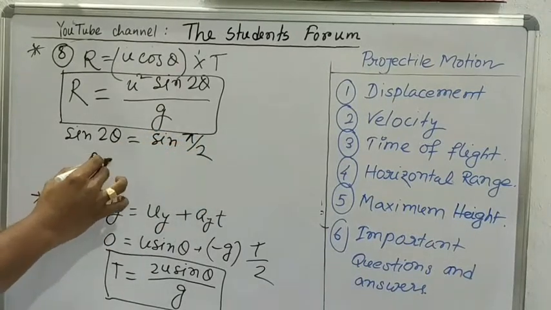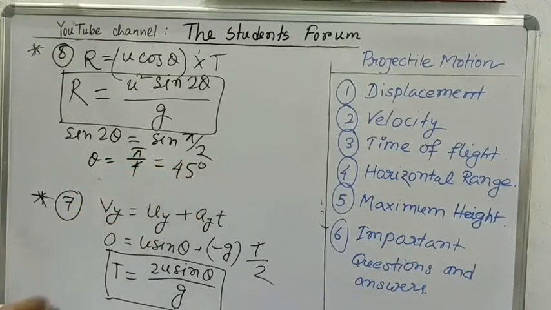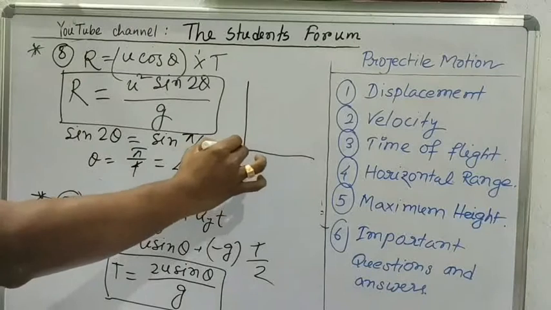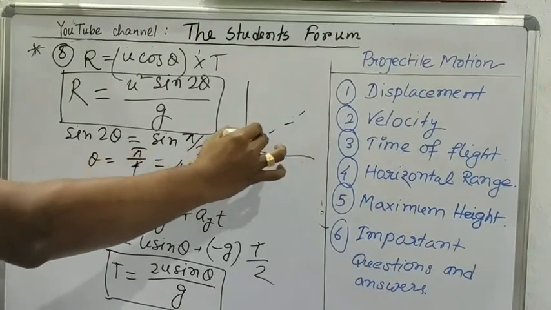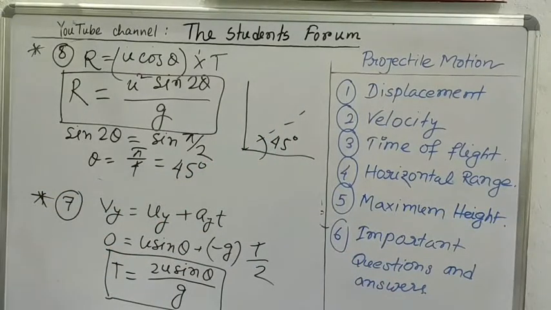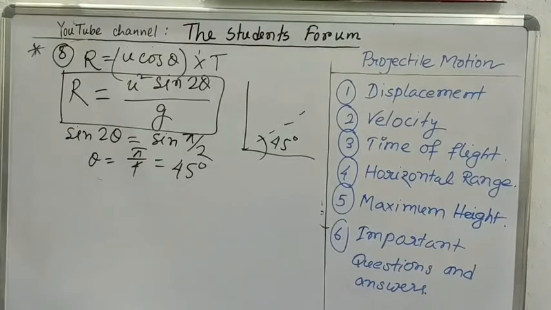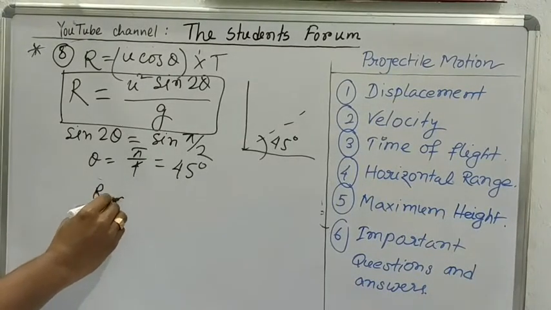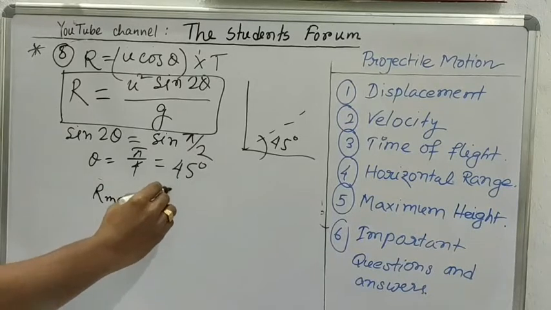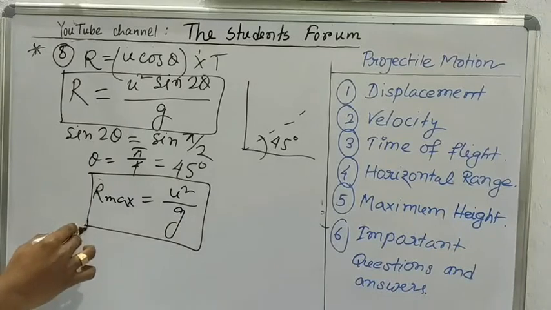That means theta equals pi by 4, 45 degrees. So we have to remember that at a 45 degree angle, if an object is projected upward, the range will be maximum, and the maximum range is given by r max equals u square by g. This is also an important relation.